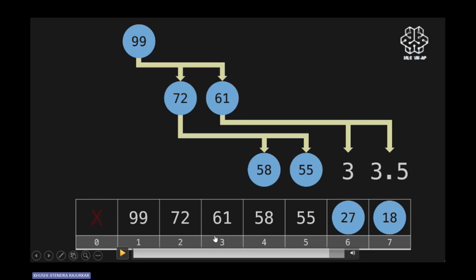We shall simply go to location 3 and find out that 61 is the parent node. And as I said, we shall be carrying out floor division on our children to find out the parent value. So if we divide index 7 by 2, we shall get 3.5. And since we are doing floor division, we shall simply return 3. And then we are able to find out that 27 and 18 have 61 as their parent node.